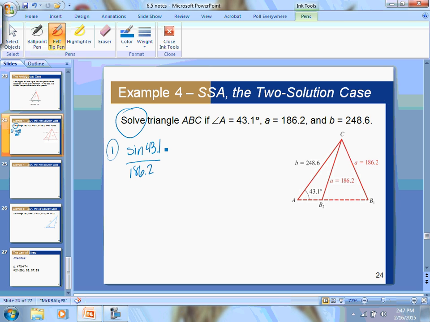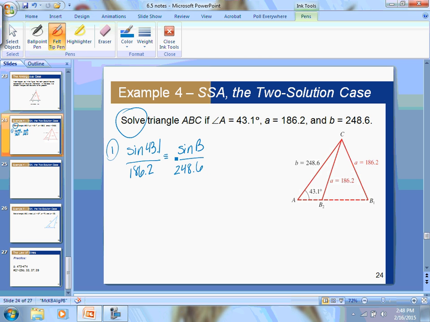That's the law of sines: sine of A over A equals. Now, the next thing we're going to try and find has to be angle B, because the only other piece of information I'm given is side B. So I'll have sine of B over 248.6. These are big numbers, and it's kind of irritating that they're decimals, but it doesn't matter, we're using our calculators anyway.